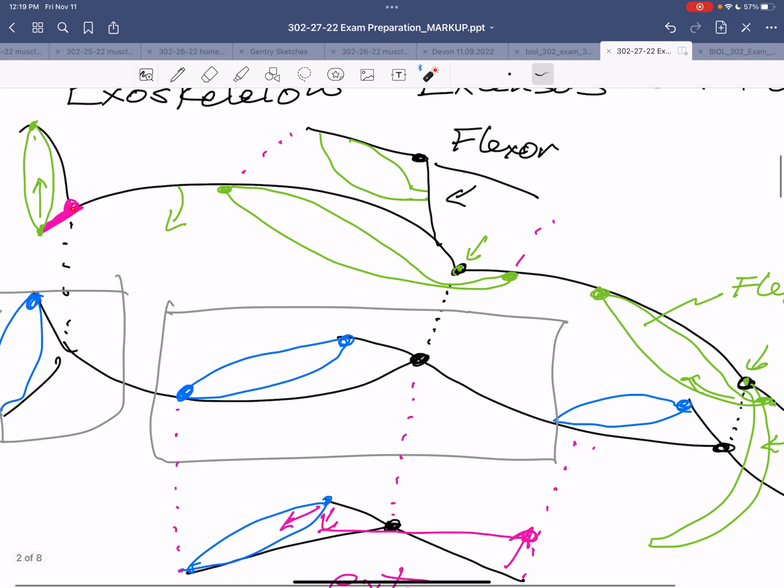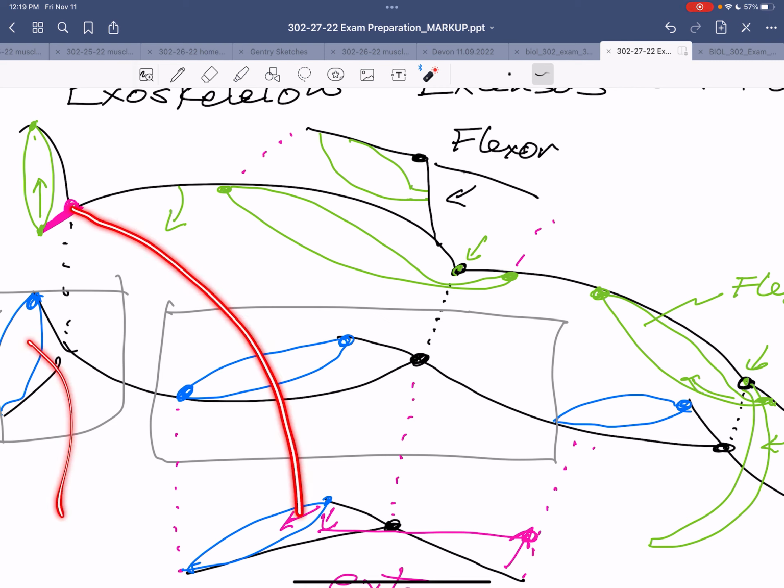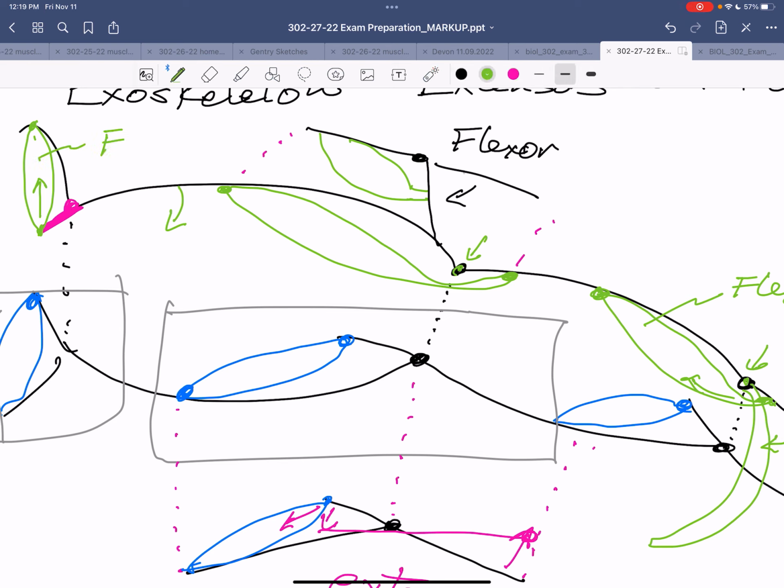We're going to bend this whole thing down. This one is also a flexor, because instead of extending, it's going to pull down.